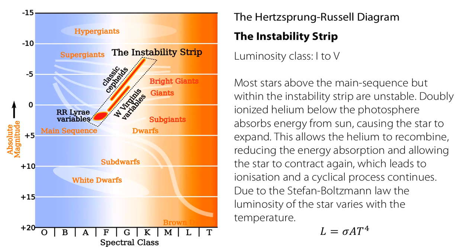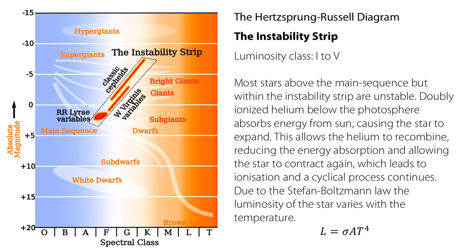These differ in how they absorb and what percentage of radiation from the star they can absorb. So doubly ionized helium below the photosphere absorbs a great amount of energy. Therefore, the outside layers of the star get very hot and expand.